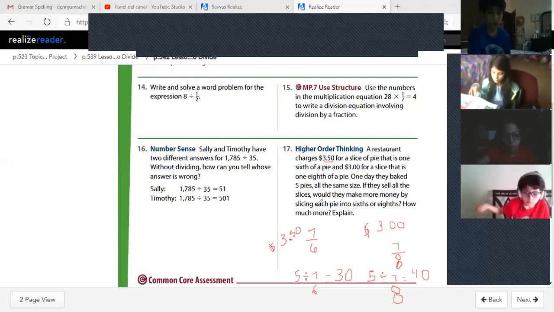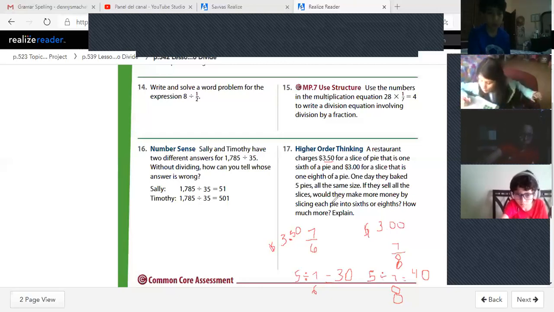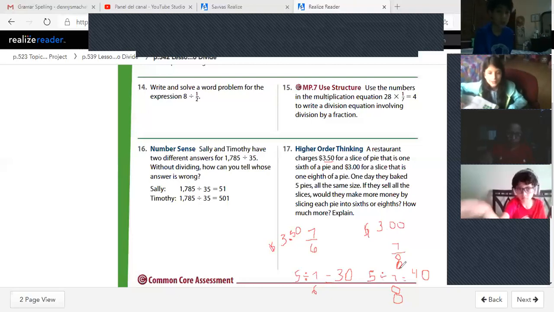Because we have to answer this question: if they sell all the slices, would they make more money by slicing each pie into 6 or 8? Into 8.